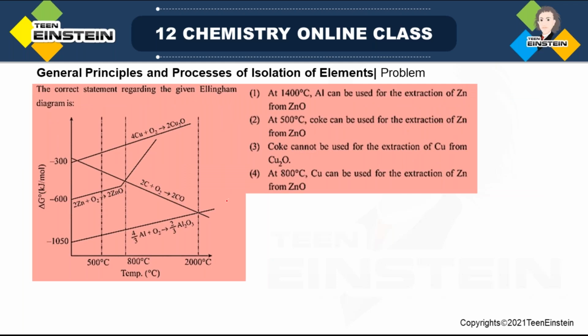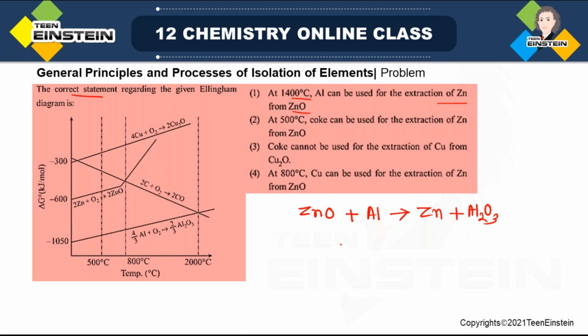Now this problem is related to the Ellingham diagram, and here we have to find the correct statement among these four. Okay. The first statement is saying that at 1400 degrees centigrade, aluminium can be used for extraction of zinc from ZnO. So the meaning of this statement is that you can convert ZnO by using aluminium as reducing agent, and you will get Zn and the oxide of aluminium.